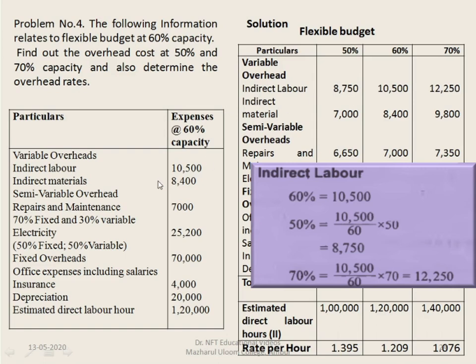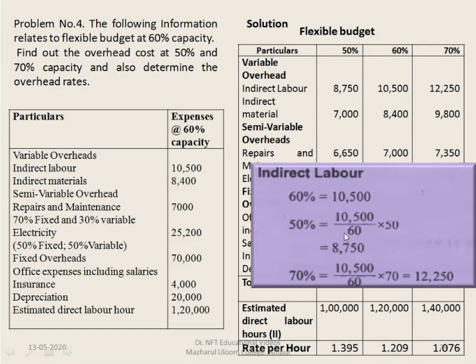The solution, we'll write it one by one. Prepare the flexible budget at 50%. We've asked you to find it out for 50% capacity and 70% capacity, so 50, 60 and 70, you just write it. Under variable overheads, we have indirect labor. 10,500 is for 60% capacity and we have to find it out for 50%.